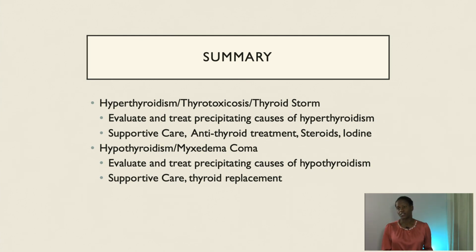If you have a high suspicion for it, you really want to go ahead and treat the precipitating event, give them supportive care, things like propranolol, steroids, iodine, antithyroid medication. Another aside is to remember that a low TSH is not diagnostic. You definitely want to have a T4 when you're trying to figure out whether it's hyperthyroidism, primary or secondary.